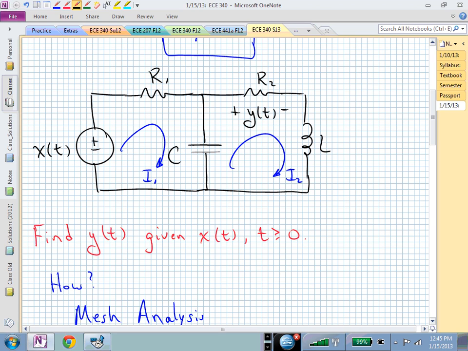So how do we get a transfer function out of this guy? Okay, so now we're wanting to go into the frequency domain, aren't we?